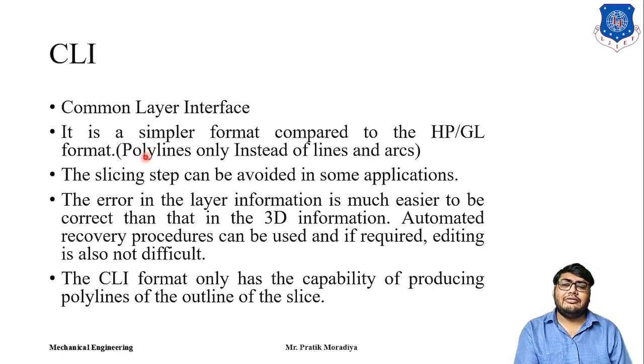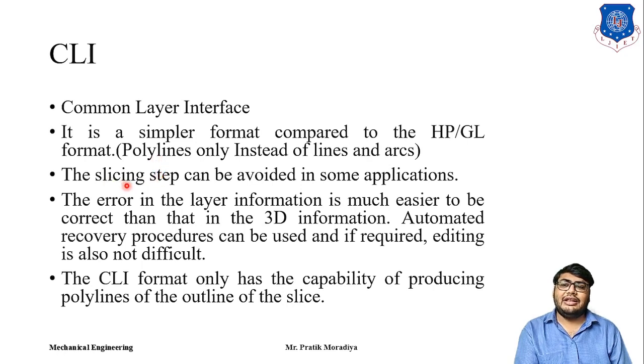So you can have different lines of different dimensions making different shapes, but we can only represent the object via lines only. So there will be an increase in accuracy over STL, but it will not be as accurate as the actual CAD model.